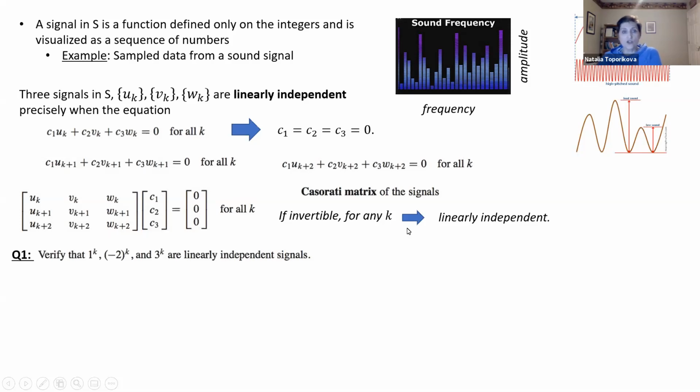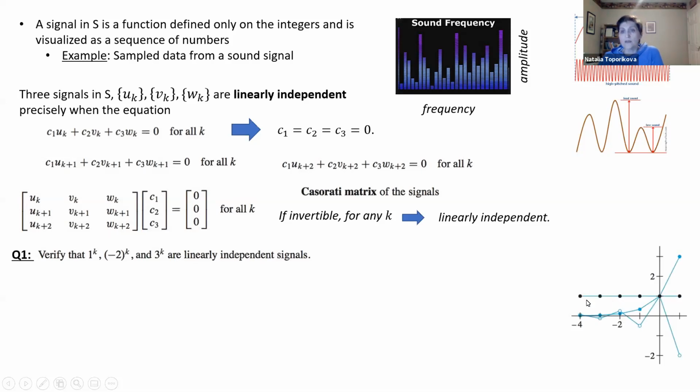Okay, so let's try to identify linear independence for some rather simple signals. The first signal is just 1 to the power k. Think of k as time, for example, if it's confusing to you. But generally, k is what we call a step, and it can be any integer, positive or negative. The second signal will be -2 to the power k, and the third signal will be 3 to the power k.